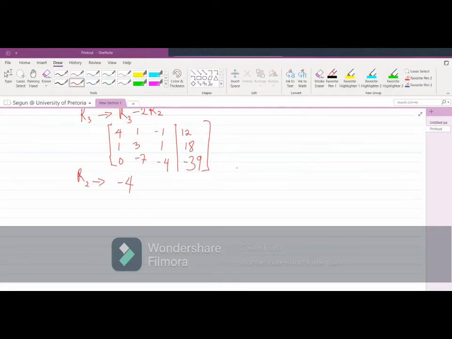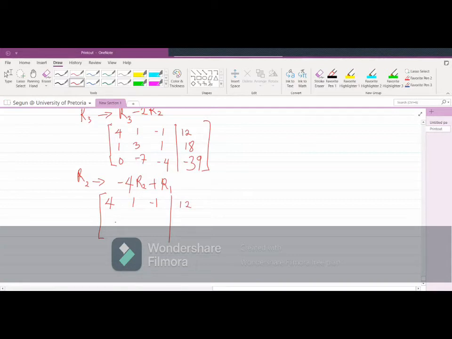I can say row 2 becomes minus 4 multiplied by row 1 plus row 2. Is it not possible? It's possible, sir. So we can continue by saying row 1 will still remain itself: 4, 1, minus.